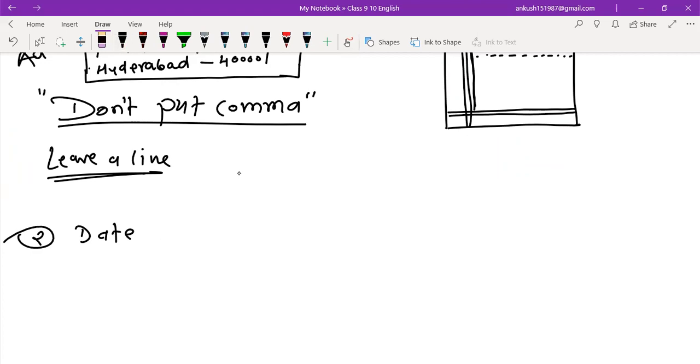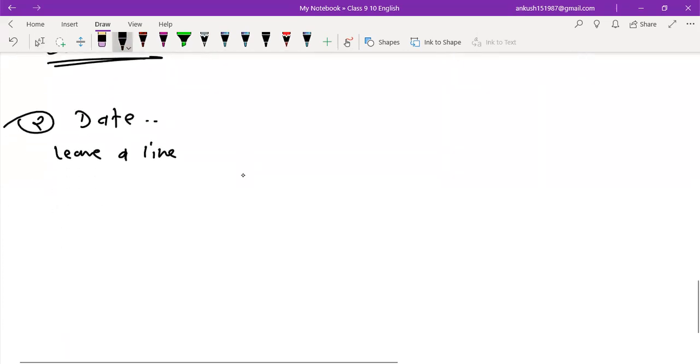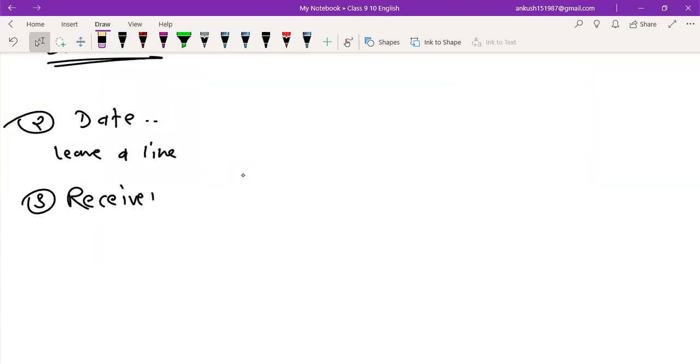Again leave a line over here, and after the date you may write the receiver's address. Have you got the point?